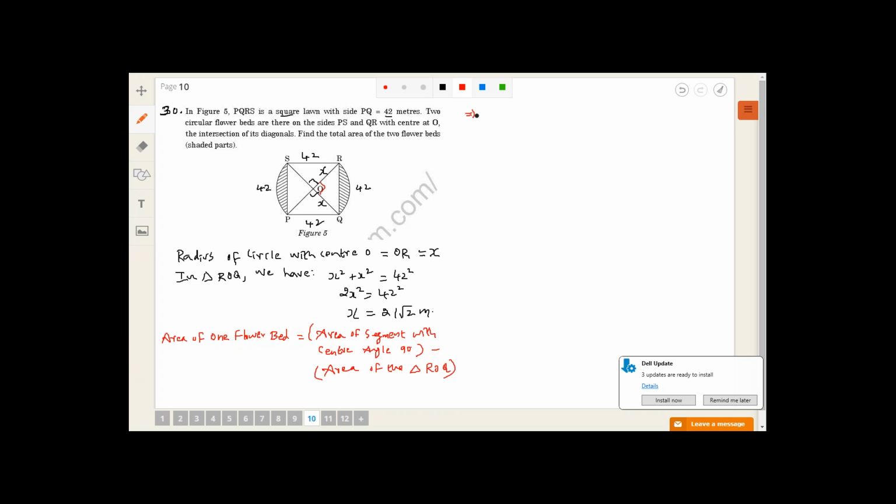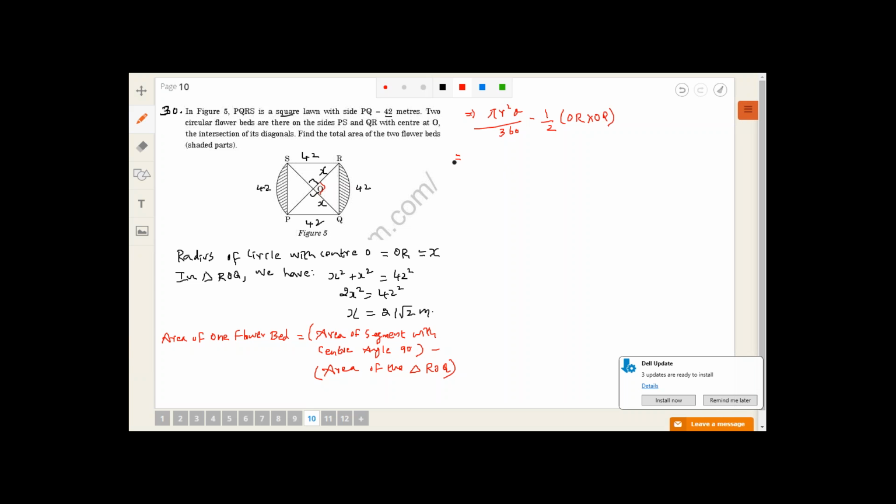Now we have the area of the segment with the center angle 90 degrees, which is given by pi r square theta by 360 minus half into OR into OQ, that is half into base into height.